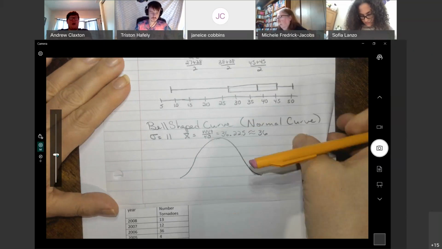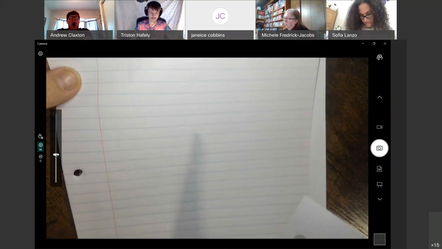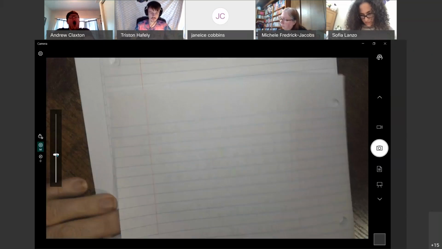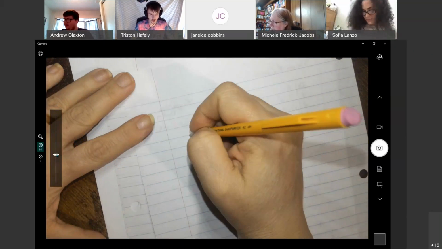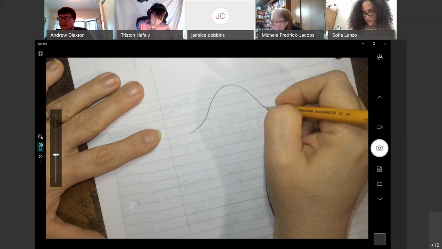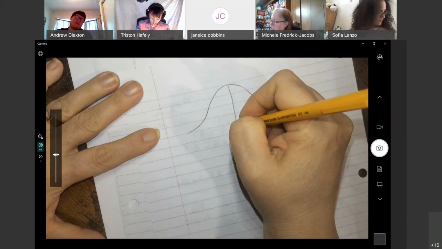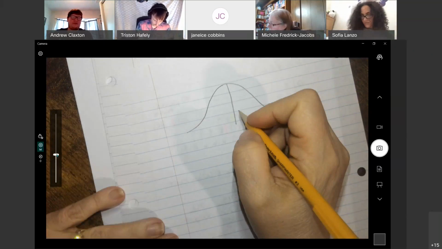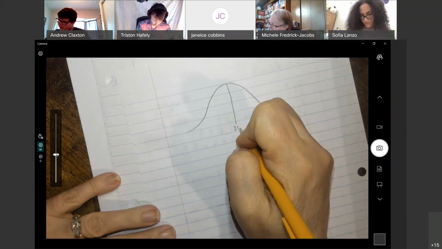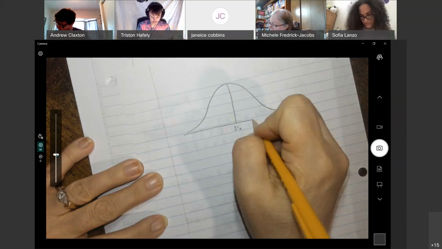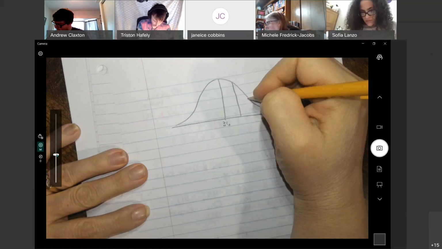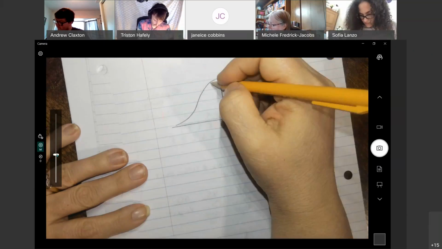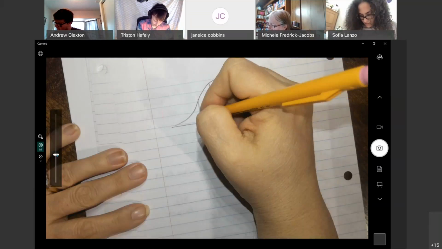Let me make it a little bigger. So you put your mean in the middle, which was 36. Then you're going to go 3 units each way: 1, 2, 3, and 1, 2, 3.